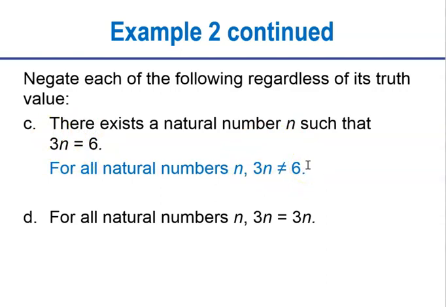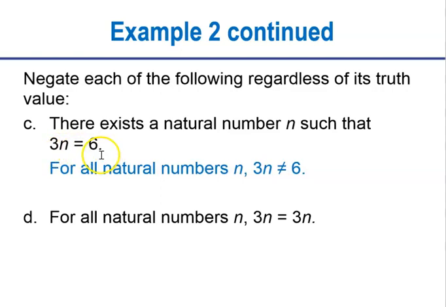Also can be a confusing point. Let's try it again. So for all natural numbers, 3n equals 3n. And this is a true statement, right? It doesn't matter what number you plug in for n right here. It doesn't matter at all. This is true because 3n equals 3n. Whereas up here, we should have addressed this.